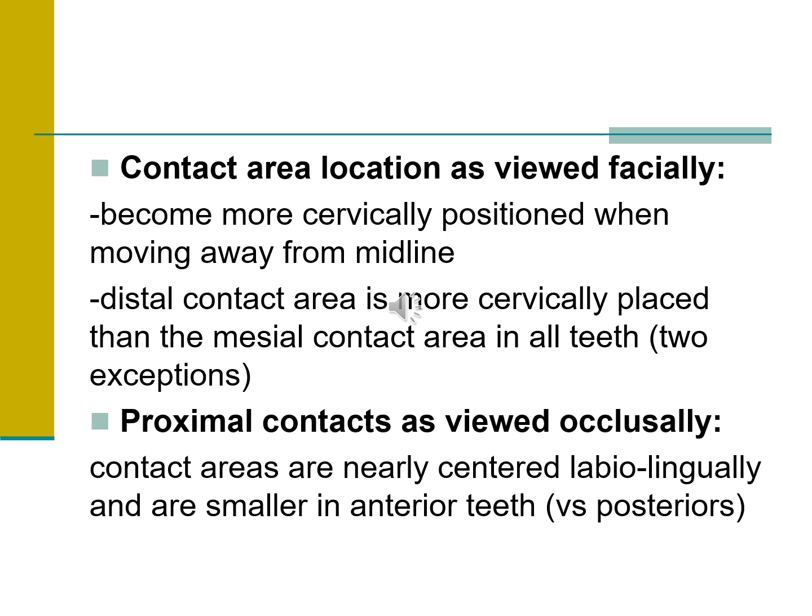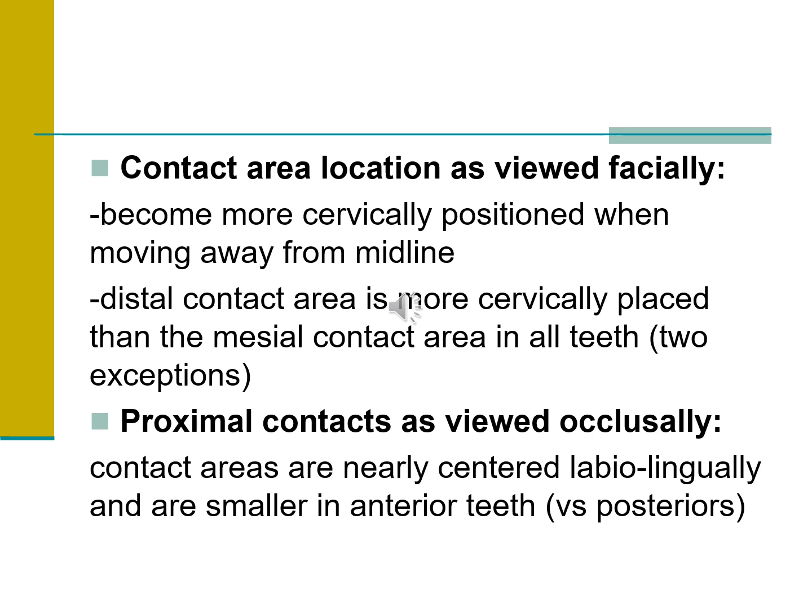Secondly, if you view the proximal contacts from the occlusal aspect, we would know that in anterior teeth, the contact areas are small and centered. Labiolingually, they are positioned in the center.